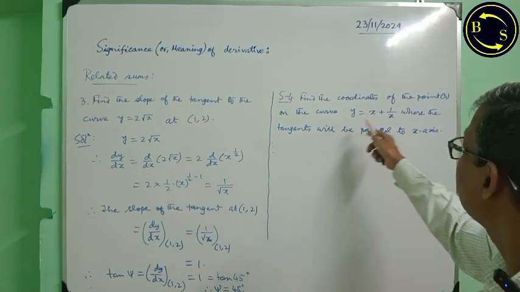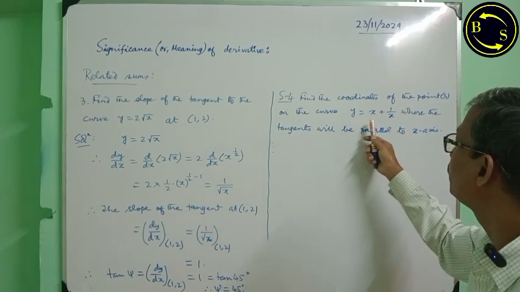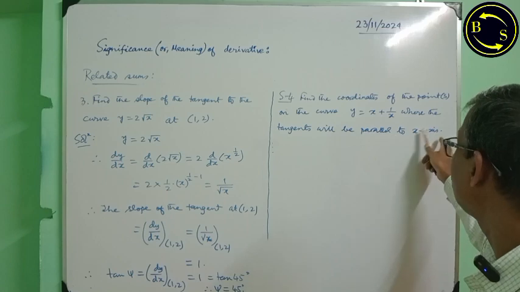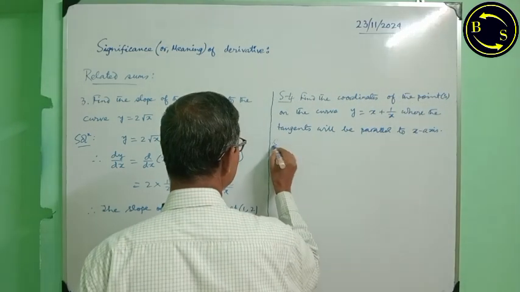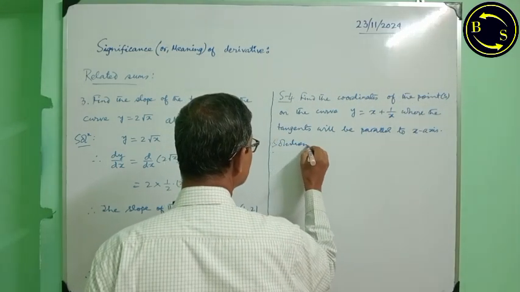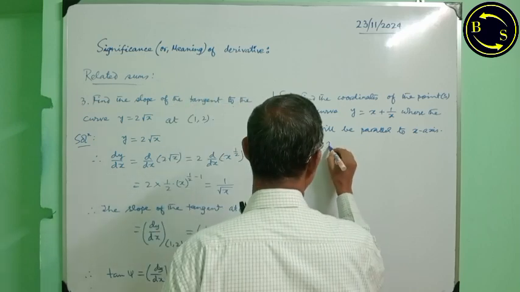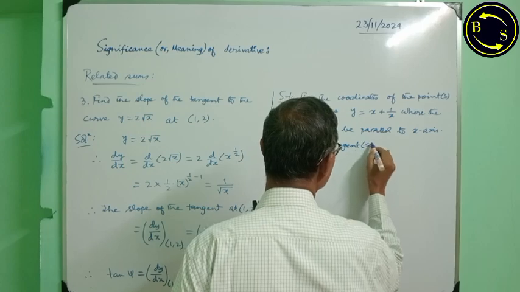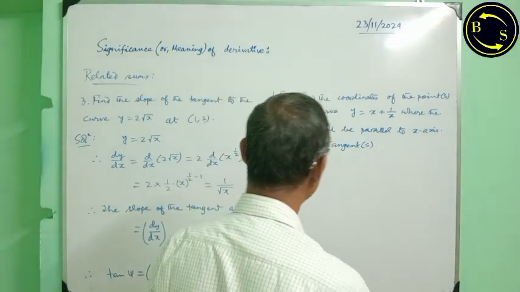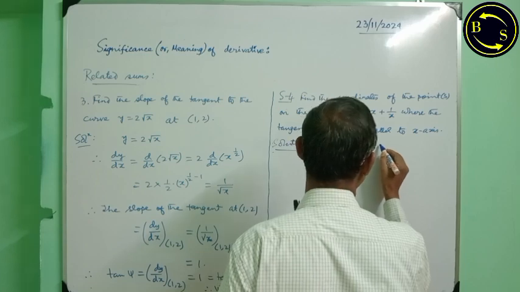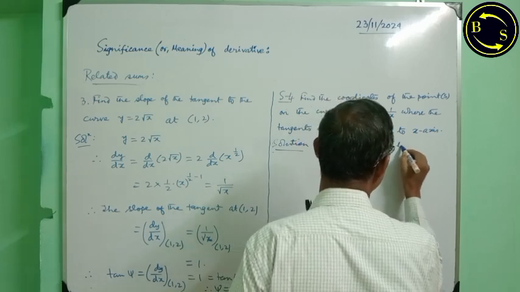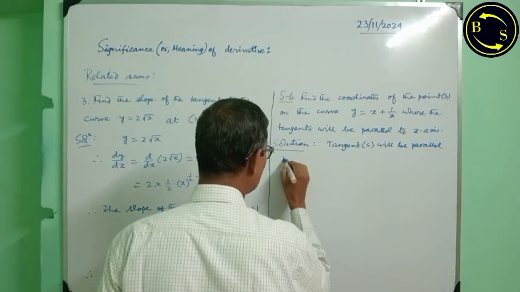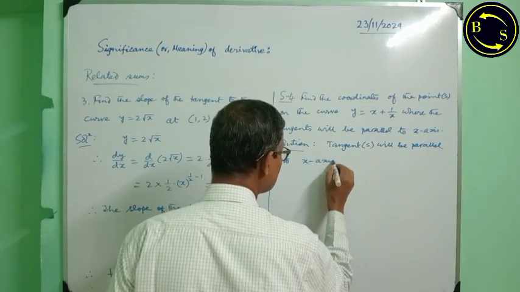Next sum, we have to find the coordinates of the point or points on the curve y equal to x plus 1 by x, where the tangents will be parallel to x-axis. We don't know whether more than one tangent, therefore I write tangent within brackets will be parallel to x-axis.